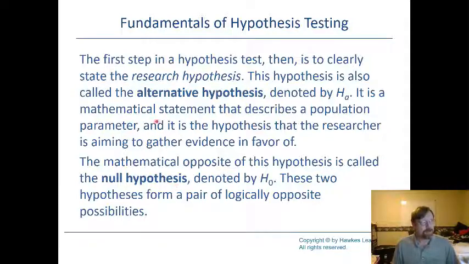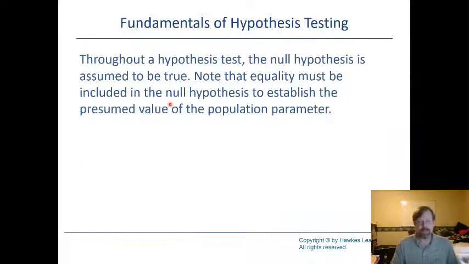The null hypothesis is assumed to be true. So the research is aimed at disproving, well, that's too strong a word, but the research is aimed at failing to prove the null hypothesis. The other thing it says here is that equality must be included in the null hypothesis.